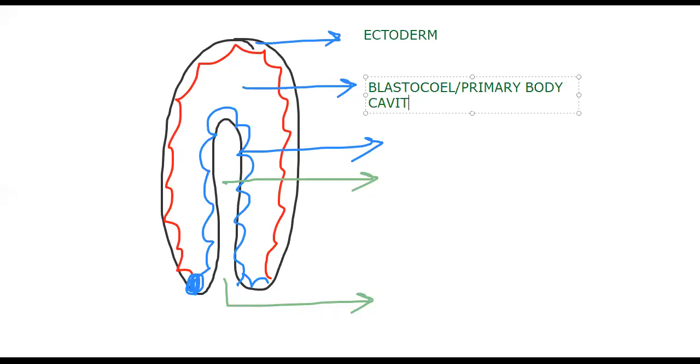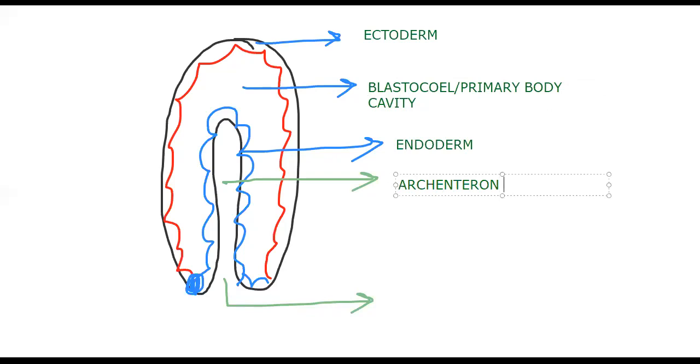Next, what is this? This is endoderm. Next, the alimentary canal, the archenteron, which is called the future alimentary canal, or future gut. We can say alimentary canal or gut, nothing matters.